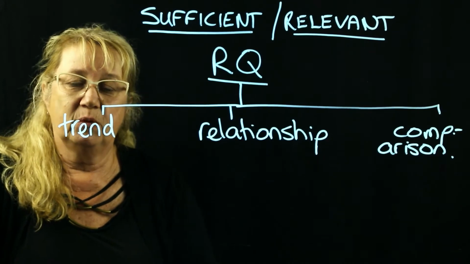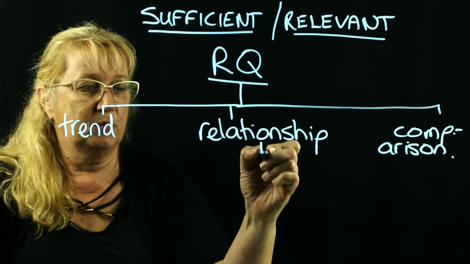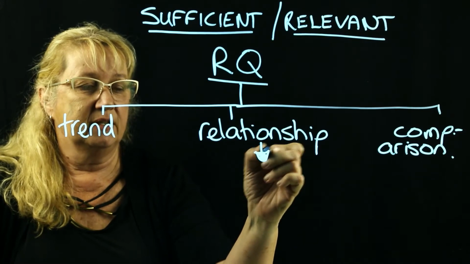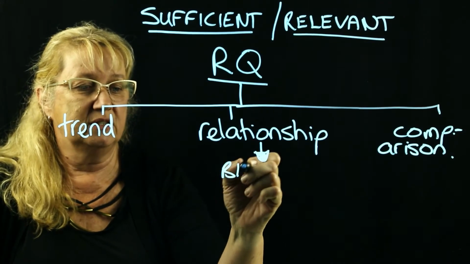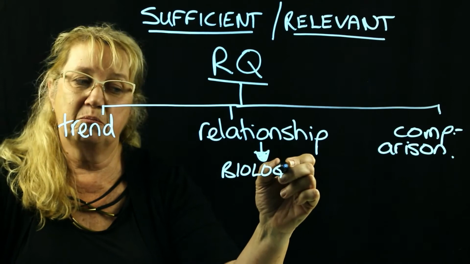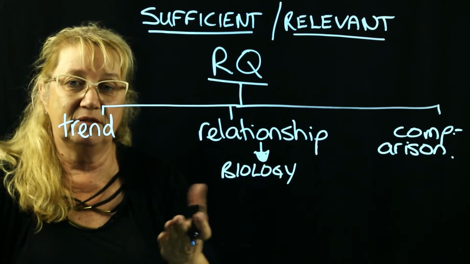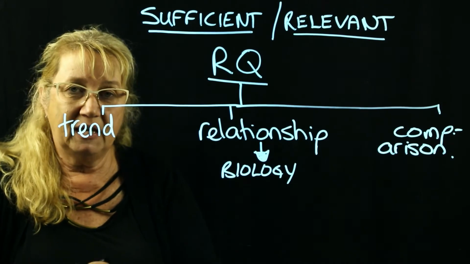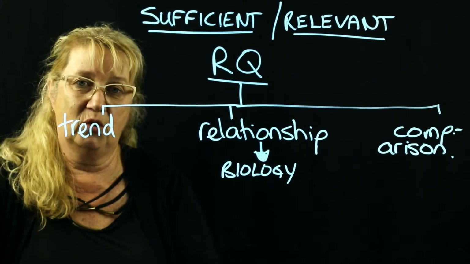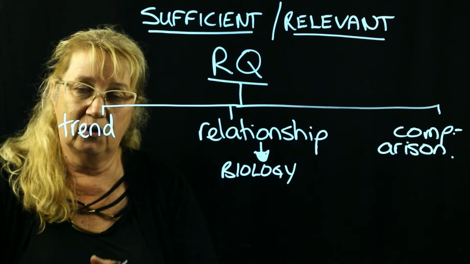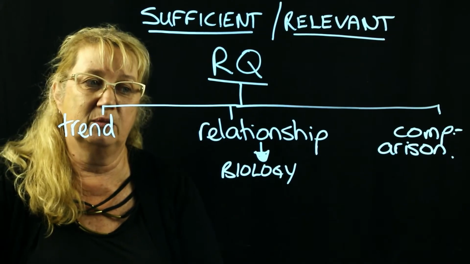It's important when you think about a relationship in biology, this is particularly for biology, and probably for marine science, whenever you are investigating living organisms, there are many things that we cannot control. We certainly cannot control every single extraneous variable.